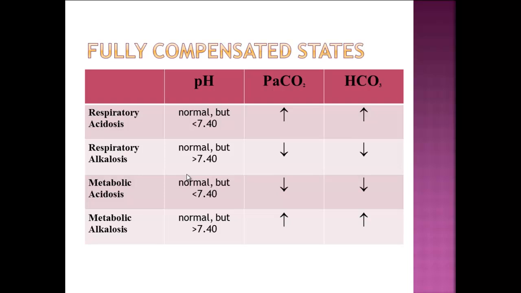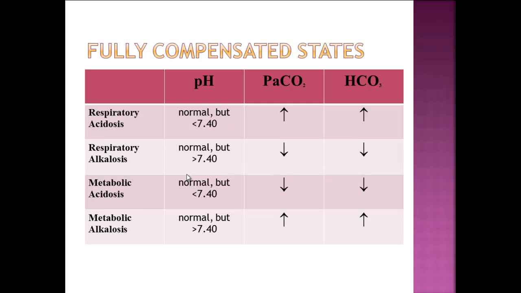Now it's normal, but it's still under the 7.4. So since the PaCO2 was elevated, and that would make those arrows in the opposite direction, it seems that the initial problem was a respiratory acidosis, and the bicarb has compensated enough to bring the pH back to normal. So it's a fully compensated respiratory acidosis.